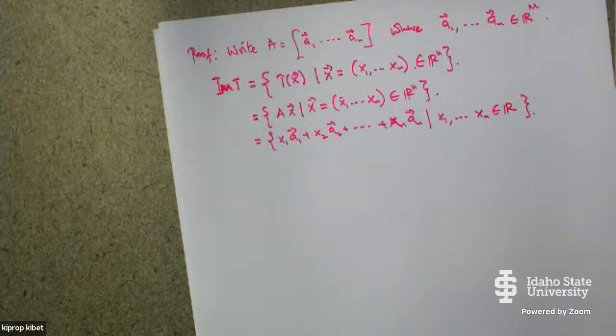So if you remember, the image is the same as T of x, and T of x is equal to A of x, which is a linear combination of the columns.